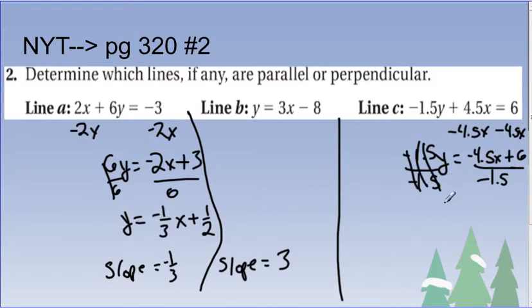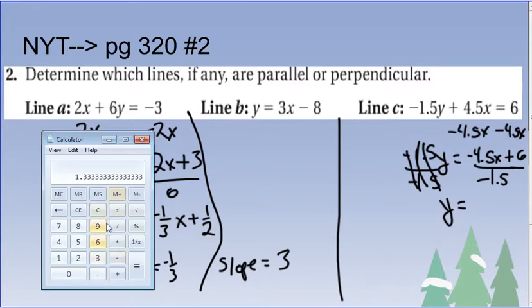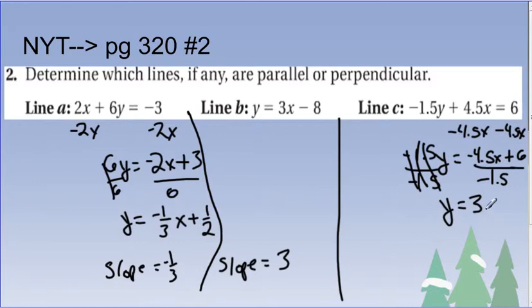We get y equals 4.5 divided by 1.5 is 3, but just so you can see it, negative 4.5 divided by negative 1.5 equals 3x. And 6 divided by negative 1.5 is going to be a negative 4.